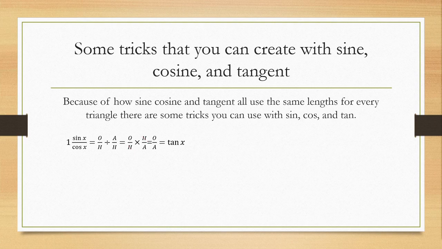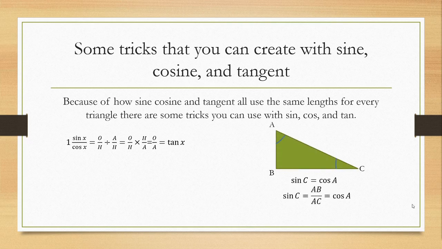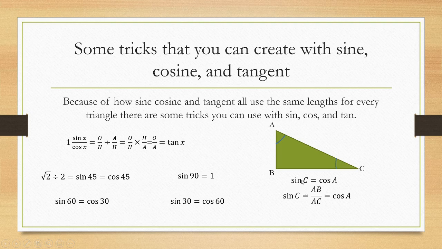The next trick we're going to be talking about is this triangle. So here we'll see that sine of c is equal to cos of a. We know this because sine of c is equal to opposite over hypotenuse. So that means that sine of c is equal to ab over ac over here.